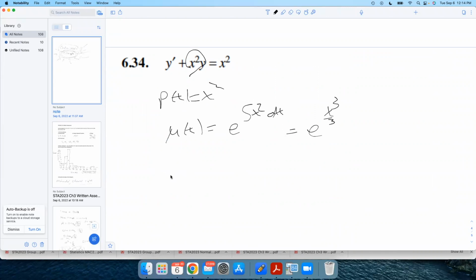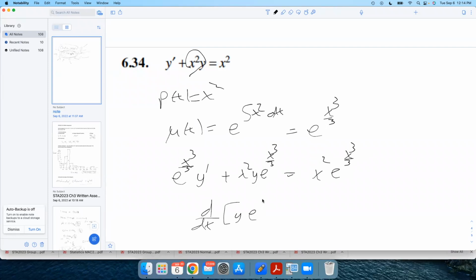Multiply both sides, everything by that. Then the left-hand side is the product rule derivative of y times the integrating factor.